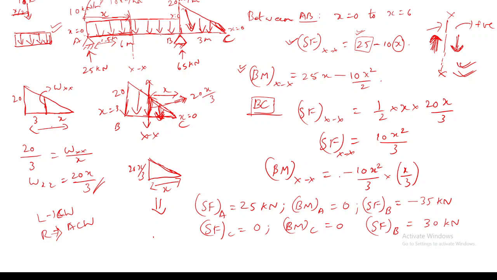And what is the value of the bending moment, similarly, if we calculate it as part of AB and as part of BC? Anyone? Minus 30. Yes, it is minus 30 kilonewton meter.